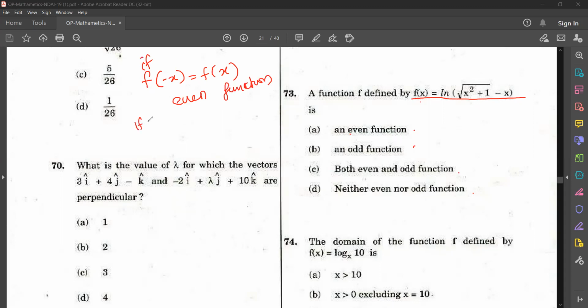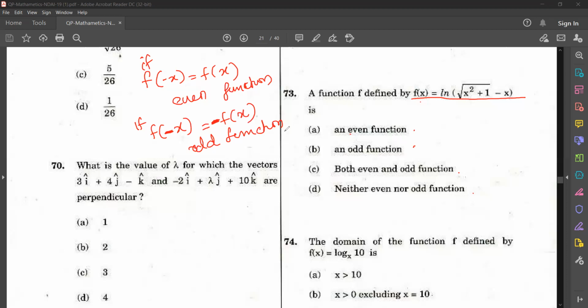Odd function means if we put f of minus x, we come to minus f of x. If we put minus x instead of x, we are able to take minus outside, or we reach minus f of x. This is odd function. So for this function, you have to check whether this is odd or even.